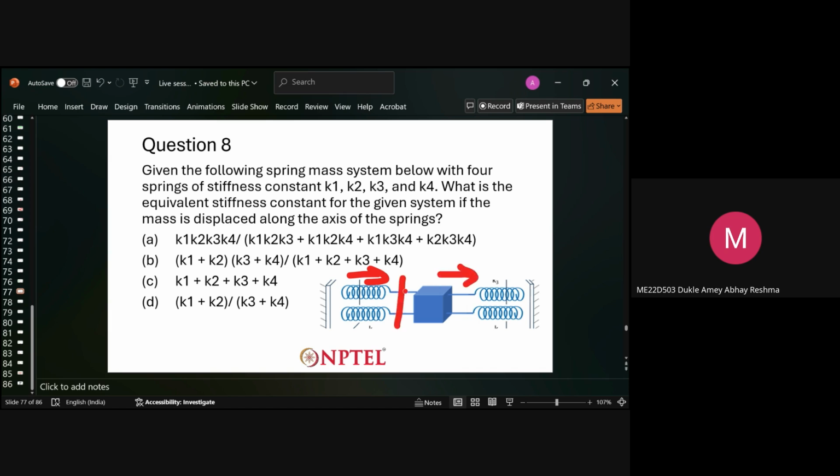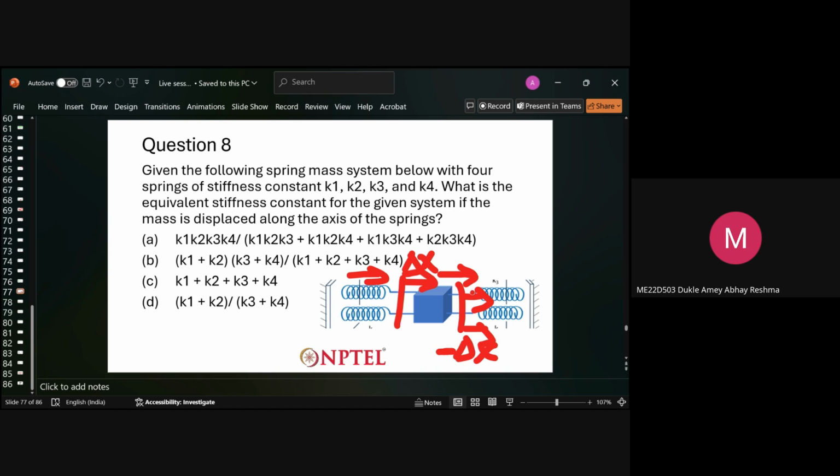So here the deflection will be delta x, and here, because it is displacing this way, there will be delta x or minus delta x. Whichever convention you like to use.